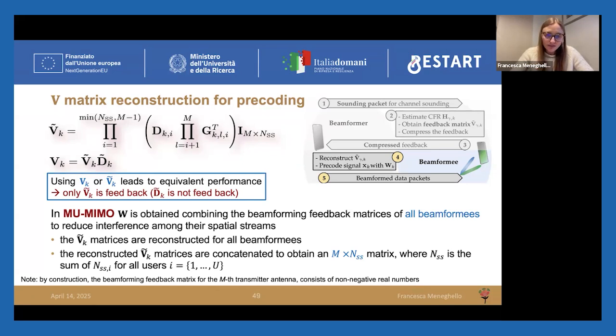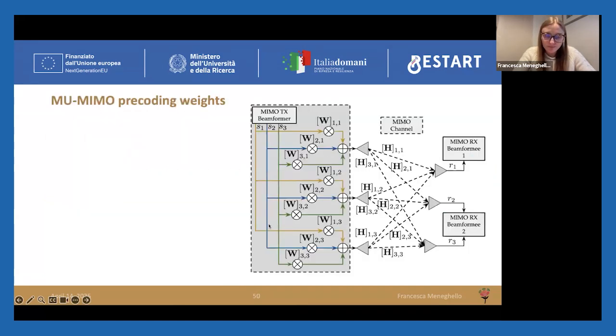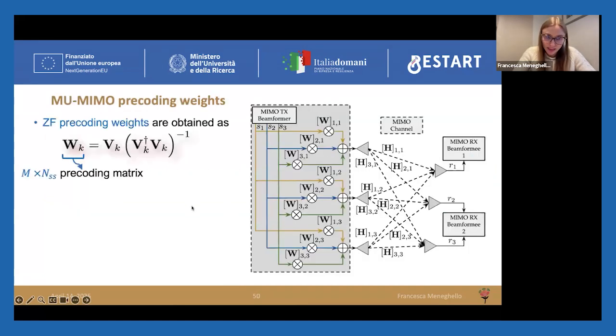And having all the different V matrices, they are combined into a big matrix of dimension M by NSS, where NSS is the total number of spatial streams summed over all the beamformees. And this matrix is then used for precoding.